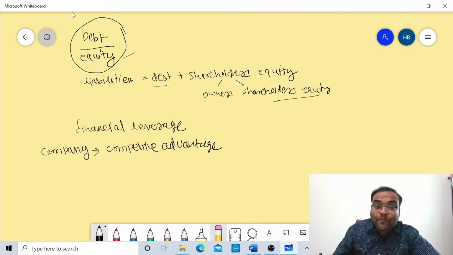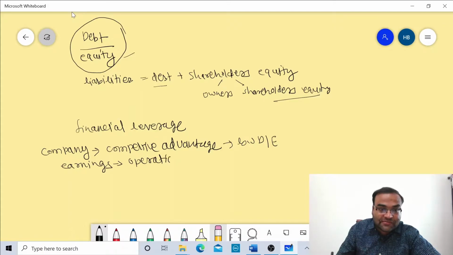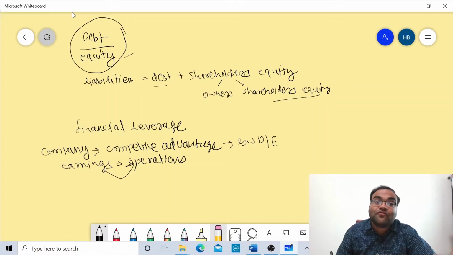The company with good competitive advantage will have a low D by E ratio. It means the company with good competitive advantage will be using its earnings to run the operations. The company will earn the profits and that profit will be used to run the operations, instead of relying on debt or liabilities.